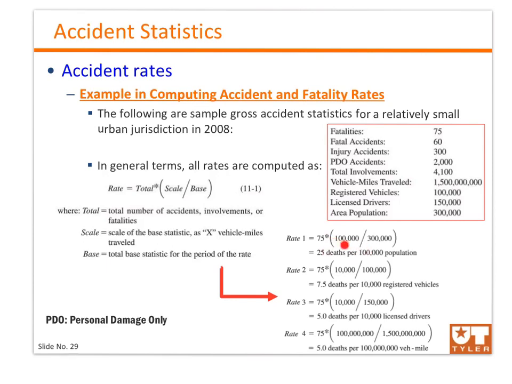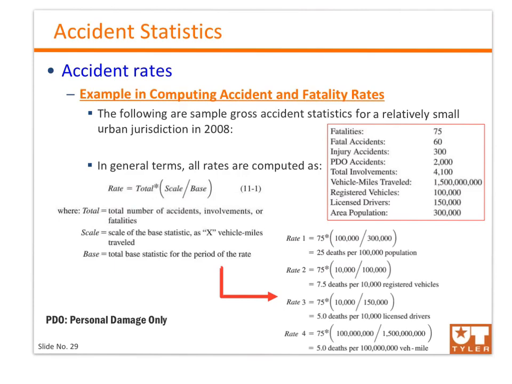This is the fixed scale that we need to remember and use, because this is a known scale in the traffic engineering profession, over the base. And that's the number that's coming from this city in particular. They had 300,000 people. So if you have 75 deaths for 300,000 people, that means the rate that every traffic engineer can relate to is 25 deaths per 100,000 population.